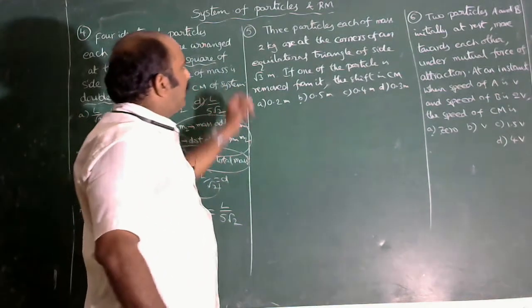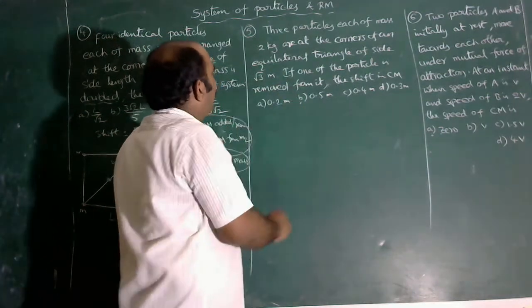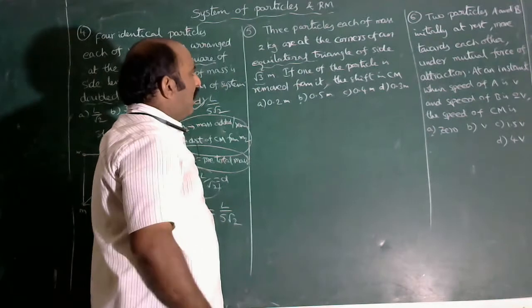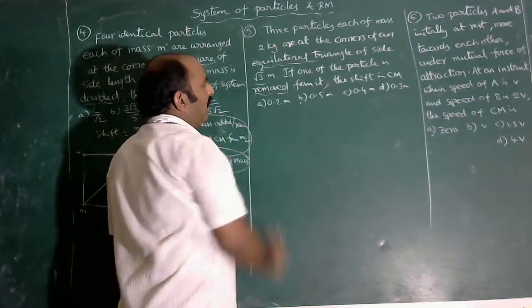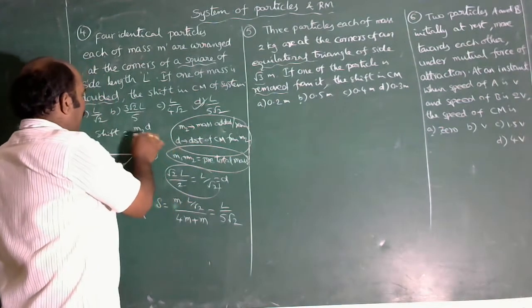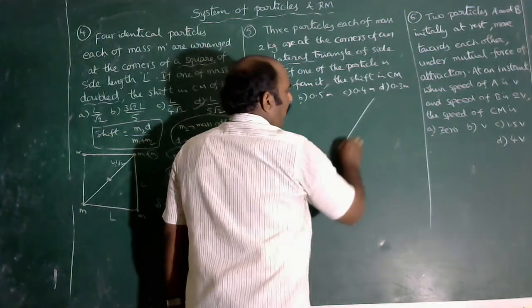Next, see the fifth one. Three particles each of mass 2 kg are at the corners of an equilateral triangle of side root 3 meter. If one of the particles is removed, what is the shift in center of mass? The shift formula is the same here. Now take the equilateral triangle.